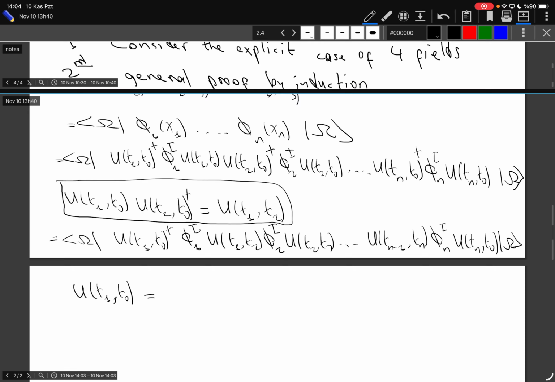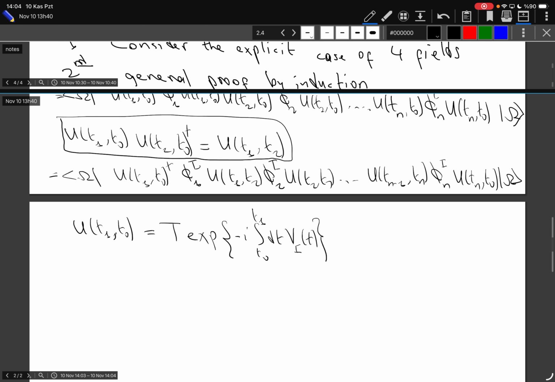We solved it. That is the time-ordered exponential of minus i integral from t0 to t1 of dt V in the interaction picture, V_I(t). Well, let me write it slightly differently.